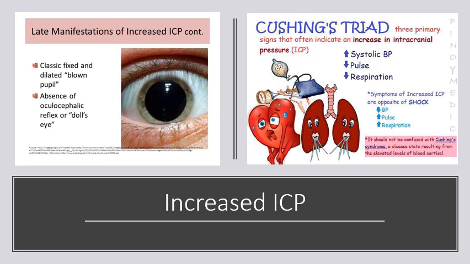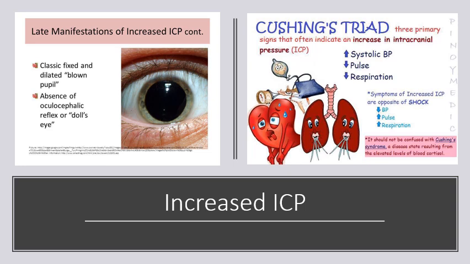So normally, if your ICP is normal, your cerebral perfusion pressure is like 65. So with a MAP of 65, you will have normal brain perfusion. And as your ICP rises, your cerebral perfusion pressure, your CPP, also rises, and so your BP has to rise.